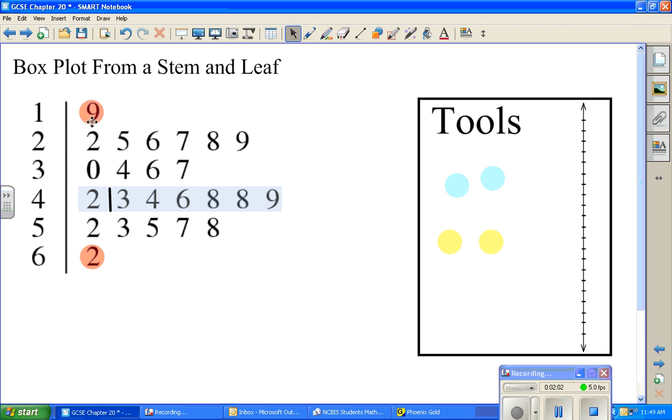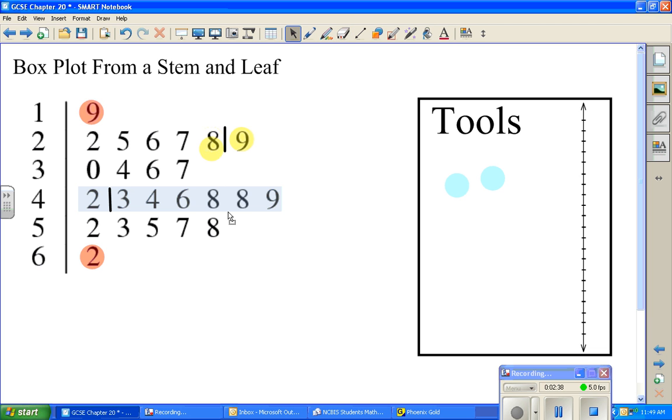If we match here, 9 and 2, so we start beginning at the end, 9 and 2, 2 and 7, 5 and 6, 6 and 4, the 7 and the 0, 8 and the 9. So again, we can see that the lower quartile should be in here.